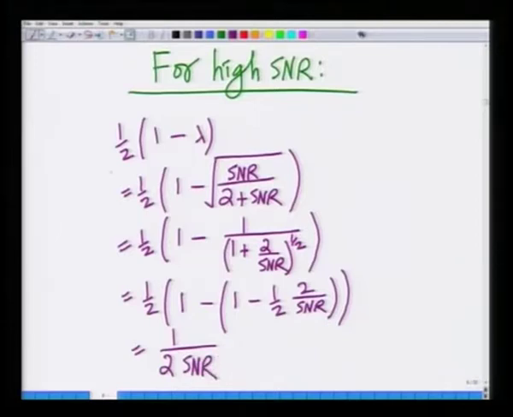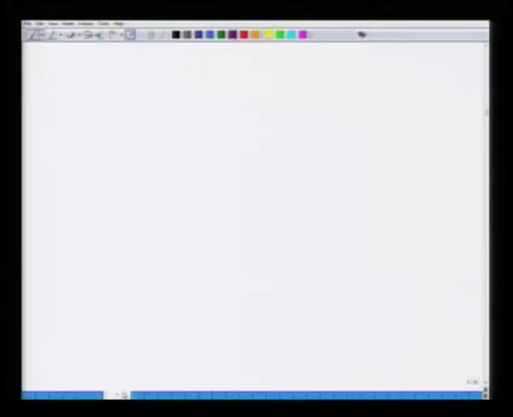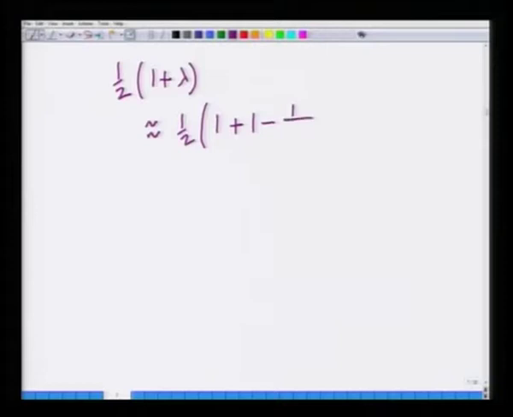All right. So, half times 1 minus lambda at high values of SNR is approximately equal to 1 over 2 SNR. Similarly, if I compute the approximation of half times 1 plus lambda at high SNR, this is approximately half times, instead of the minus inside, plus: 1 plus 1 minus 1 over SNR.